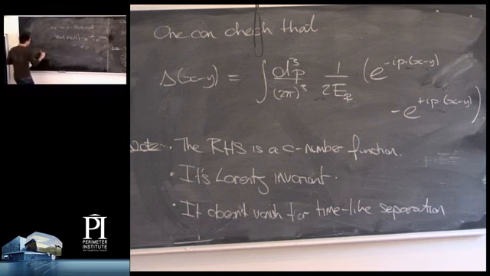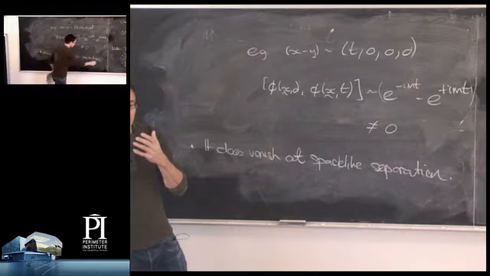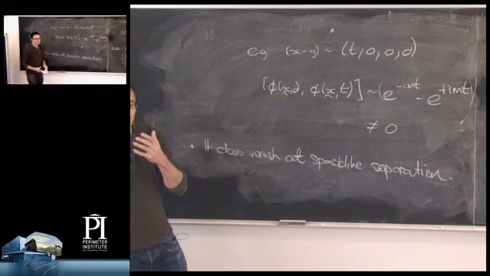But finally, it does vanish at space-like separation. So why does it vanish at space-like separation? Well, now we're just dealing with an ordinary function. We don't have to worry about any subtleties.